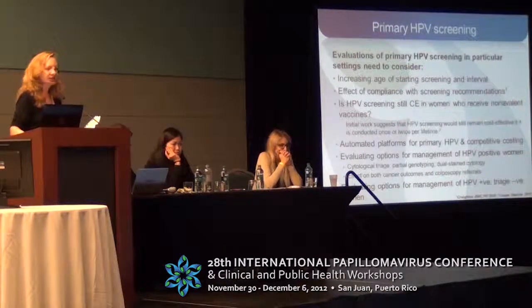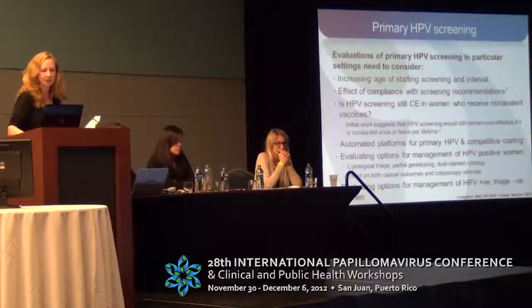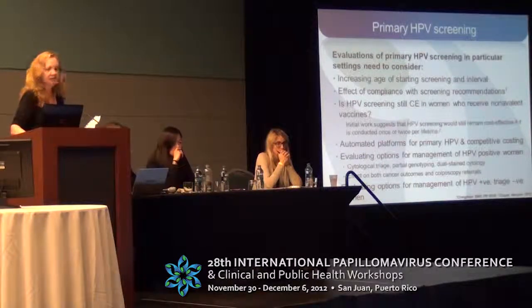Now, these evaluations are going to need to consider not only cancer outcomes, but the implications of the effective specificity of these different triaging technologies on the screening process, and the implications in particular for colposcopy referrals. And they're also going to need to consider the relative effectiveness of different options for management of HPV positive but triage negative women and the different follow-up options there.